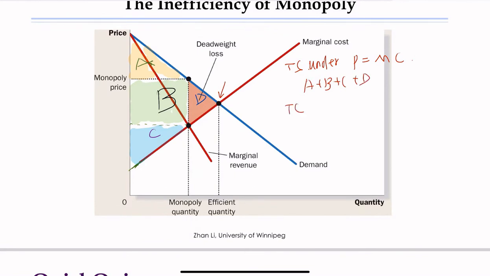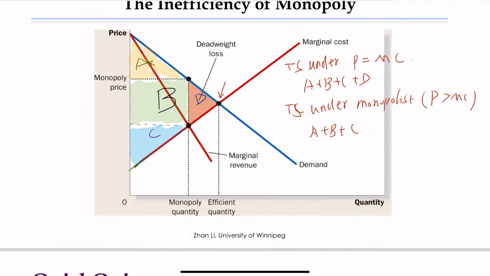Now we would look at total surplus under monopolist. Clearly, if the market is a monopoly market, we know that price has to be larger than marginal cost. And in this case, you can see that total surplus is given by A and B and C, right?